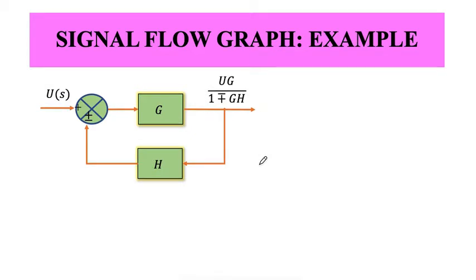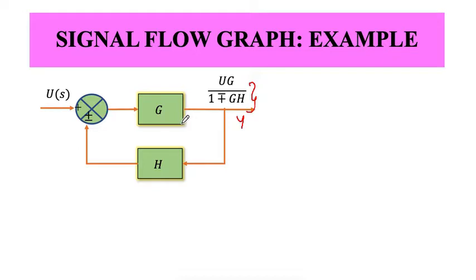If I come back to my original feedback configuration, I have an input signal u and an output signal y, and this is my transfer function G, H, which I know how to derive by now.